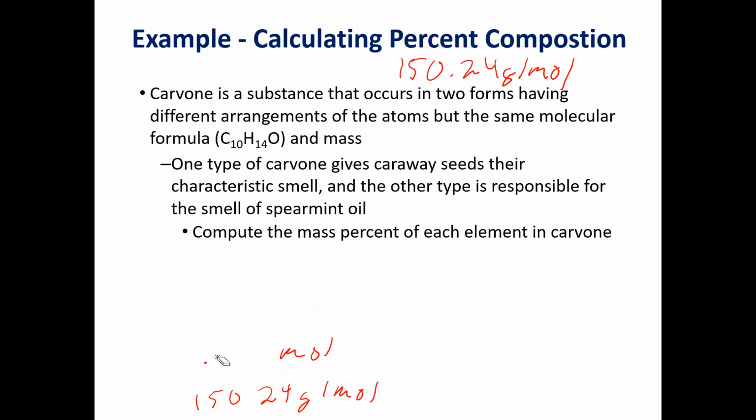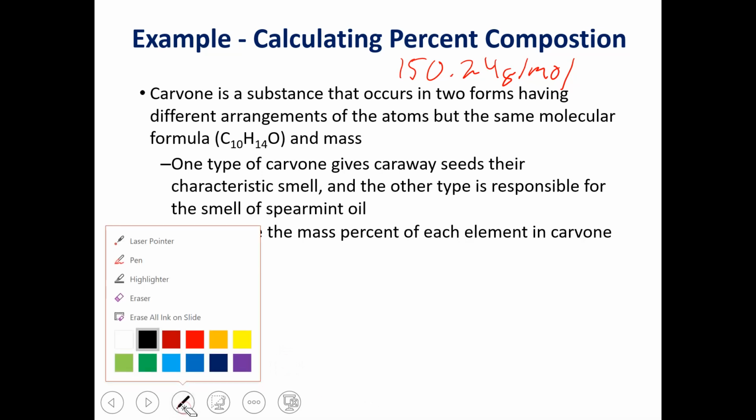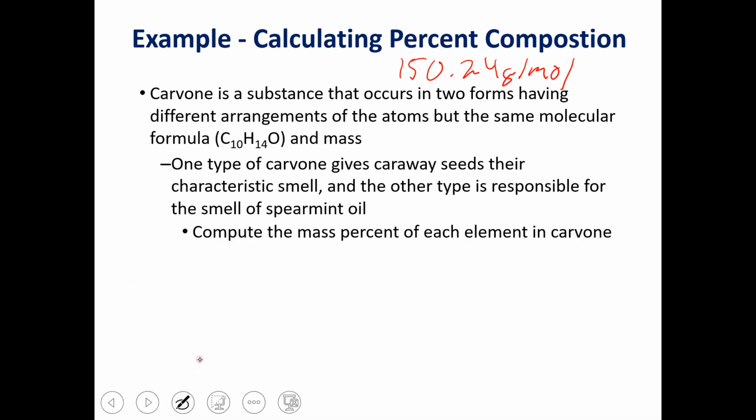For each one of these elements, we're going to calculate the mass of each element in this compound and divide that by the total mass of the compound.